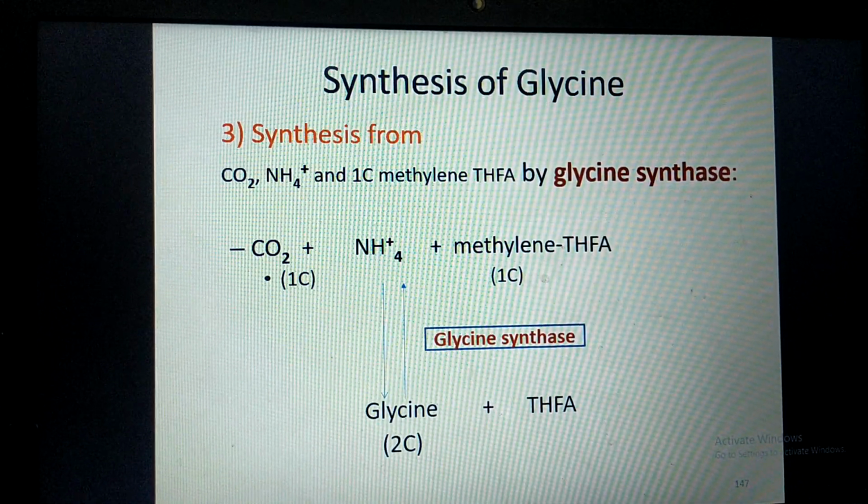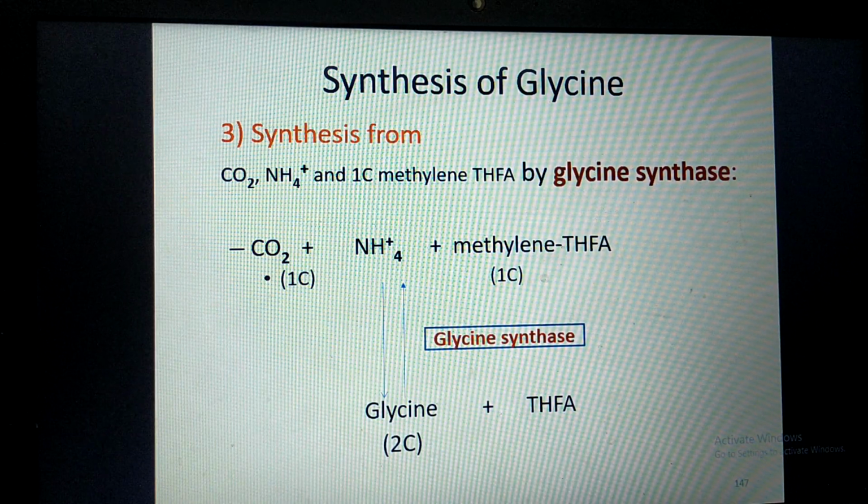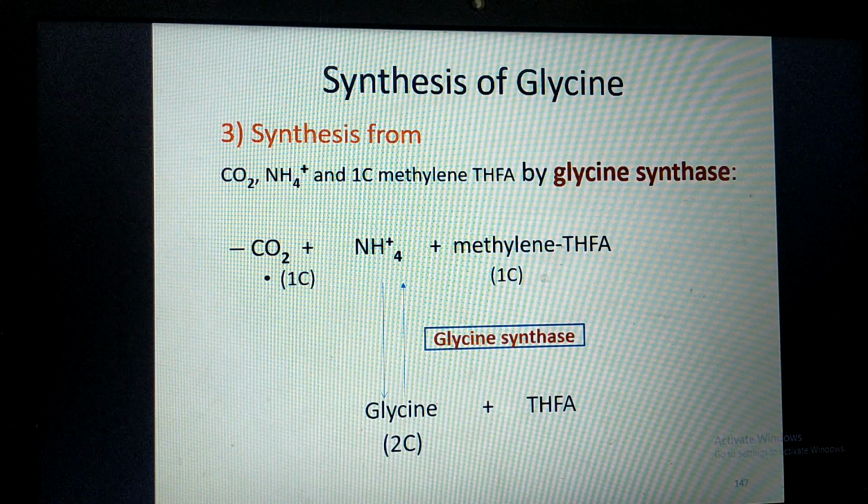The third way of synthesis of glycine is with the help of the enzyme glycine synthase. This glycine synthase enzyme combines carbon dioxide, ammonium ion plus methylene tetrahydrofolic acid, or N5,N10-methylene tetrahydrofolic acid, and synthesizes glycine.